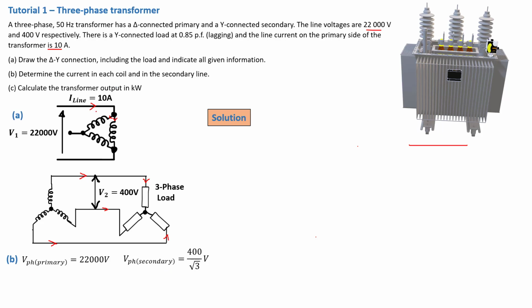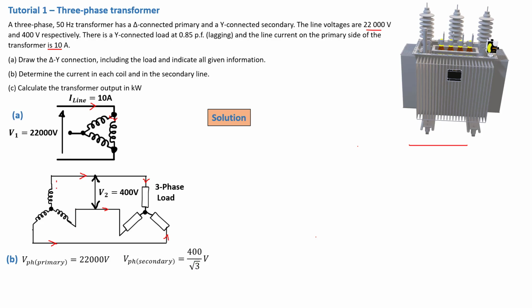Now remember, in the delta connection, the phase voltage is equal to the line voltage. That is why the V phase for the primary is exactly the same as the line voltage on the primary. But the same cannot be said in the secondary, because in the secondary, the phase voltage is equal to the line voltage divided by the square root of 3.